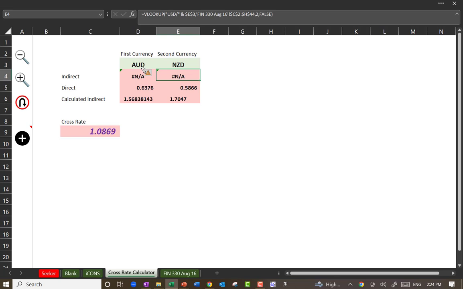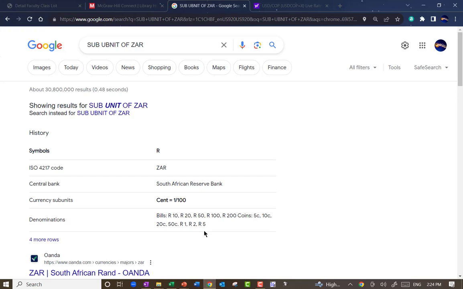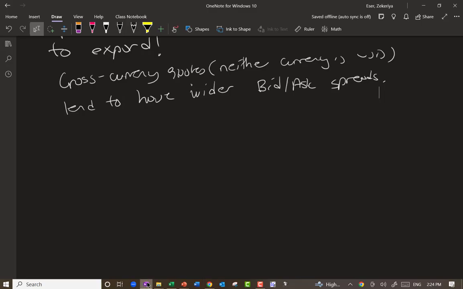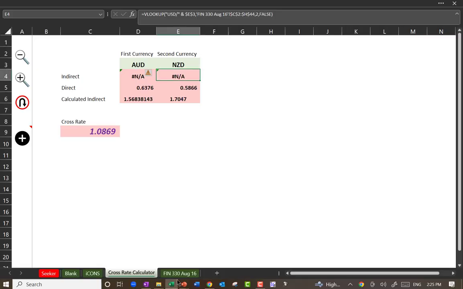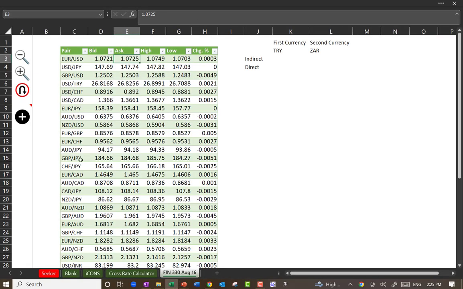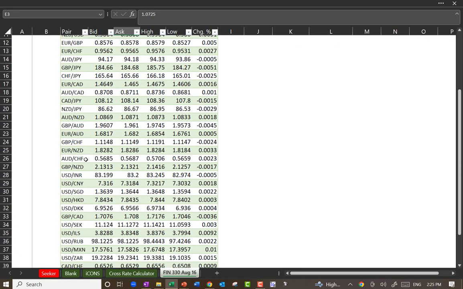So if I ever ask you a question about cross rates, you can actually use this, or you can go through the calculations. As an example, because both of those currencies are in direct quotations. So let's see.